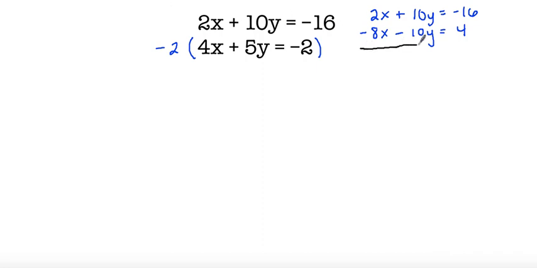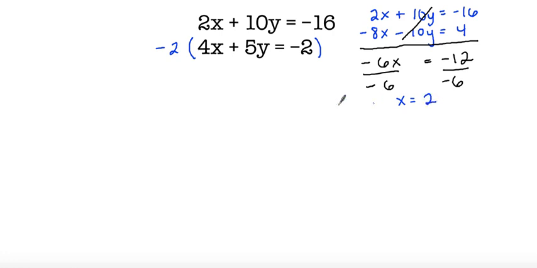And so we have positive 2x minus 8x, which is negative 6x. These two cancel out, and then I have negative 16 plus 4, which is equal to negative 12. And if I want to get x by itself, I have to divide both sides by negative 6. So we know that x is equal to negative 12 divided by negative 6, which is positive 2.